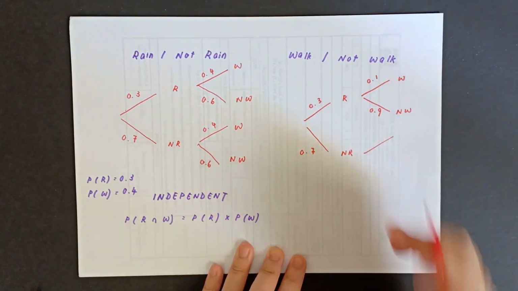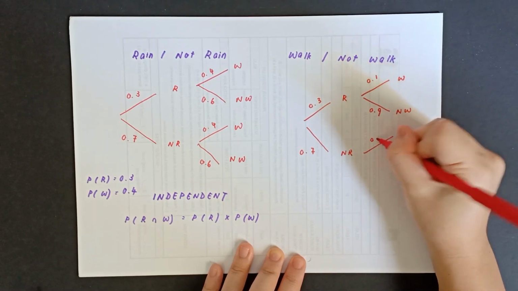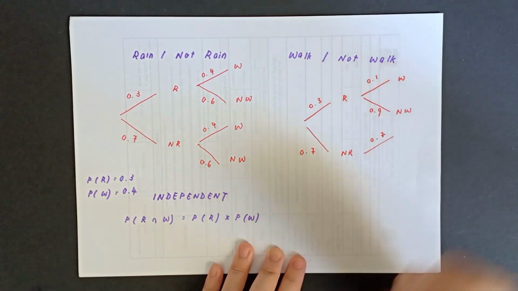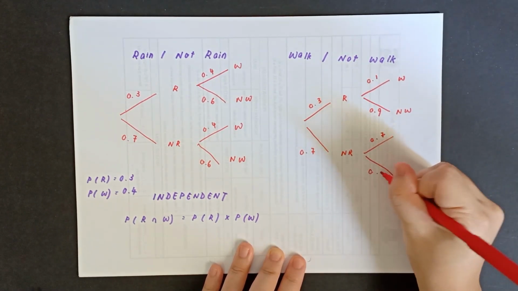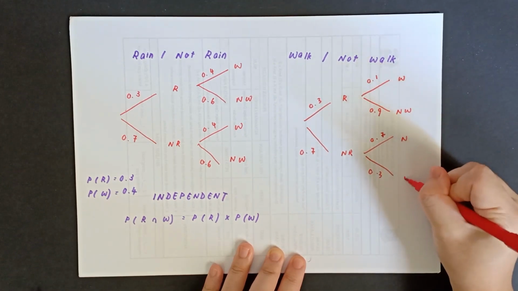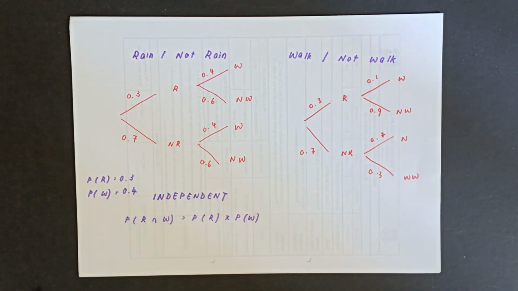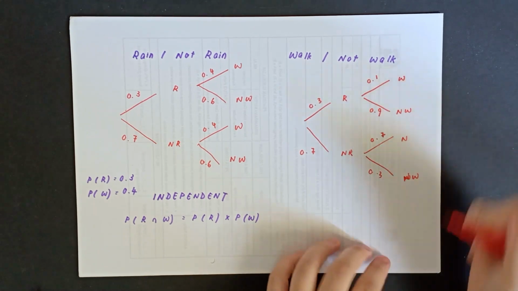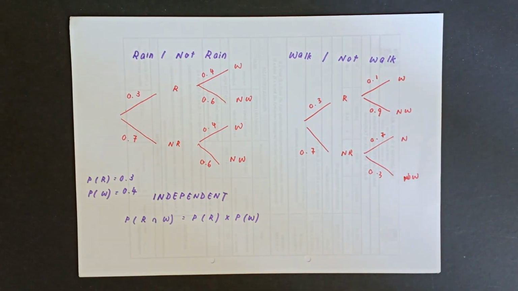If it's not raining, I have 70% that I'll walk to school, and 30% that I won't walk to school. Oh, sorry, NW.